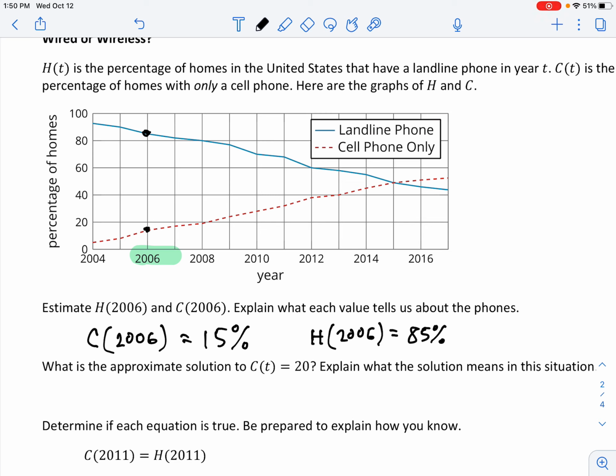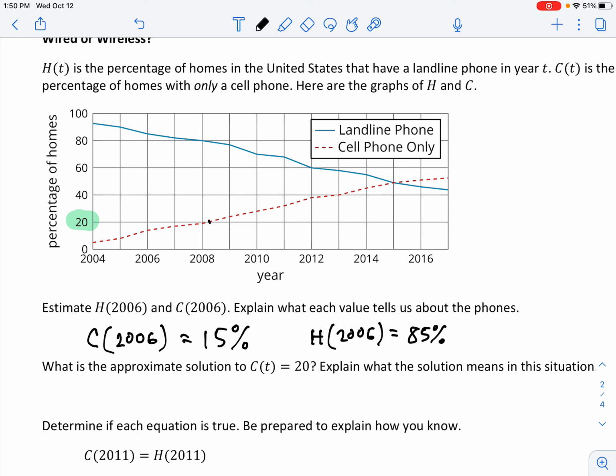When we're asked a question in this form, where C of T is equal to a number, what we're going to look for is that number on the y-axis of the graph. So that 20 is 20%. We're going to come over and take a look at 20% on the graph, and then go over until we hit the graph for cell phone only.